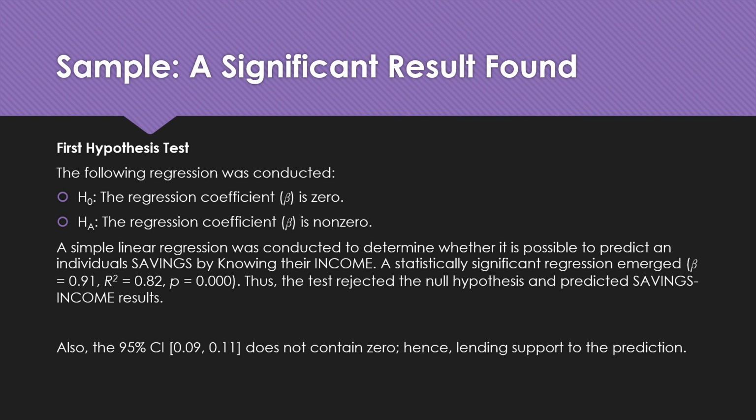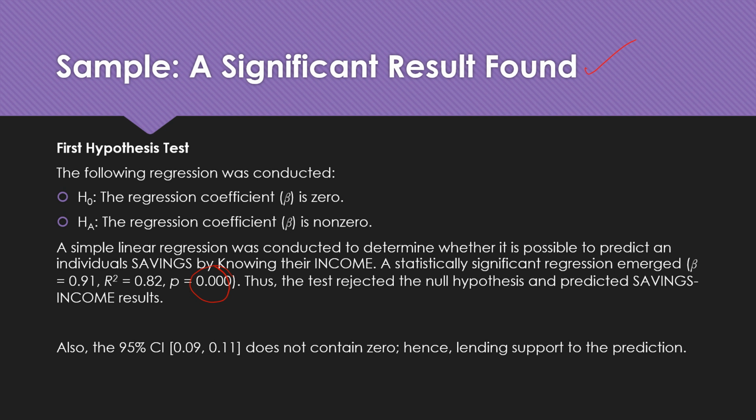In the next example, we have a significant result found, and here we are accepting the alternative hypothesis because P here is less than 0.05.